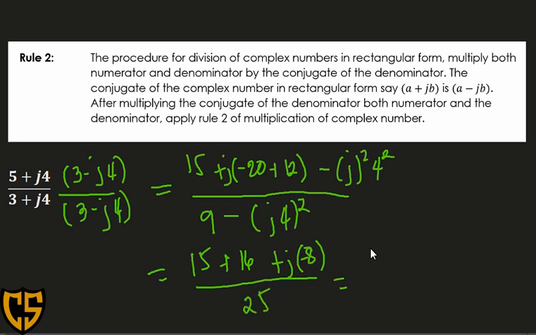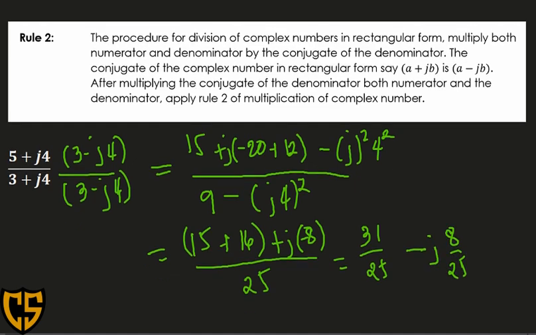So our value will be 31 over 25, minus 8 all over 25 j.